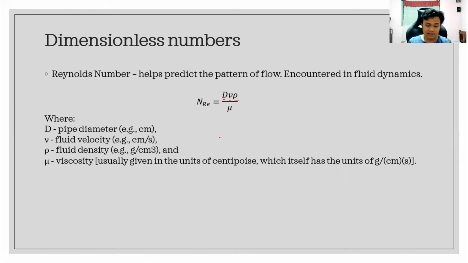So you can see here, these are the units. For example, we can give the diameter in centimeters, then the fluid velocity in centimeters per second, then the fluid density in grams per cubic centimeter, and then for our viscosity we have the unit centipoise, abbreviated as cP, which has the units of grams per centimeter-second.